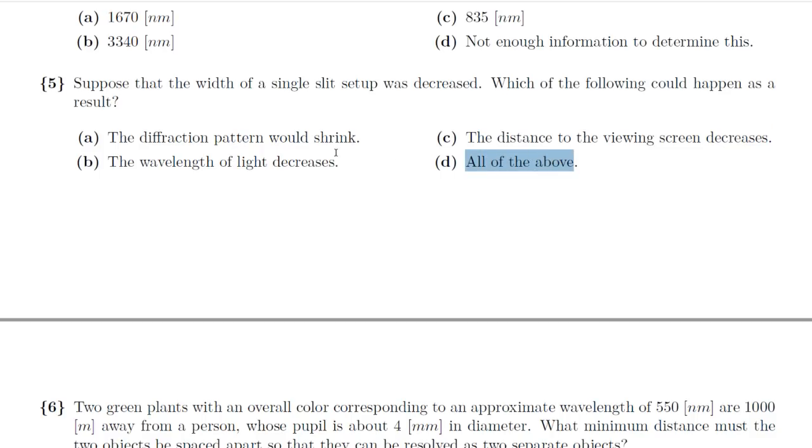So take 30 seconds, think about it for yourself, and then shout out an answer if you have one. You don't have to explain anything, you can just give me the letter. D, I think. Don't we all?